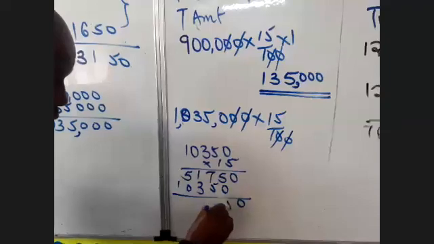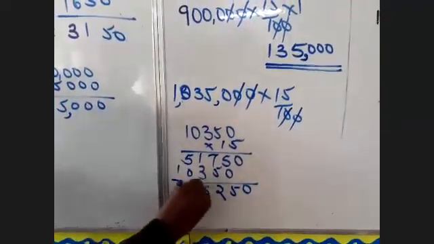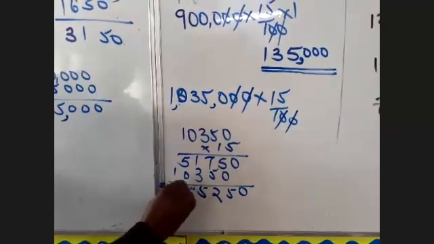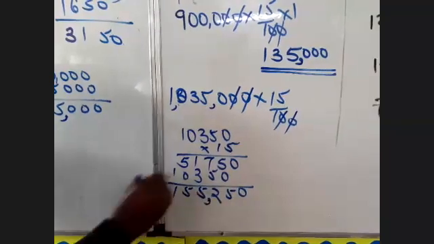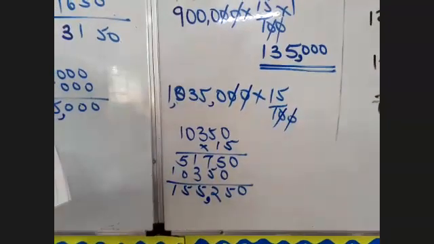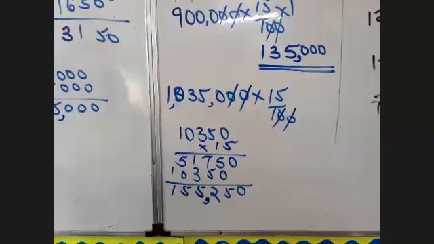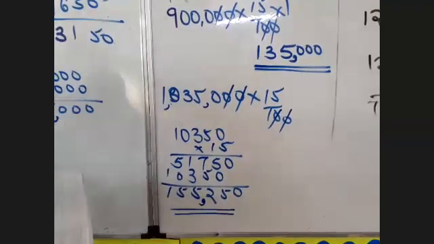Interest for year two alone, the 12, 4 is 5, 5, 1. So you earned an interest of 155,250. This is the interest for year 2.